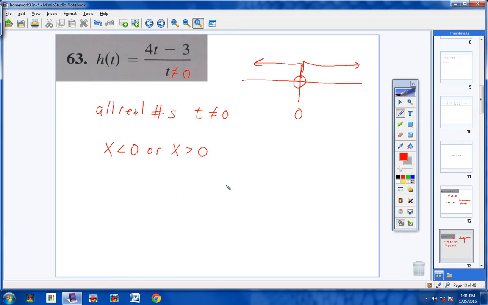For interval notation, I start from the left, so it's negative infinity. It goes to 0 and stops at 0, so put a parenthesis. Then it starts again after 0, so put a parenthesis, put 0, and it continues to the right forever, so positive infinity. Interval notation can be a little confusing, but the more you practice it, hopefully the easier it'll become.